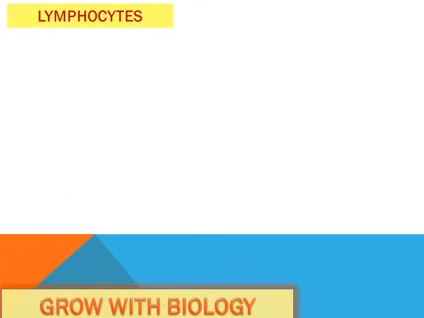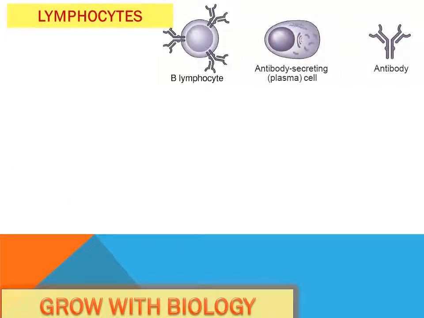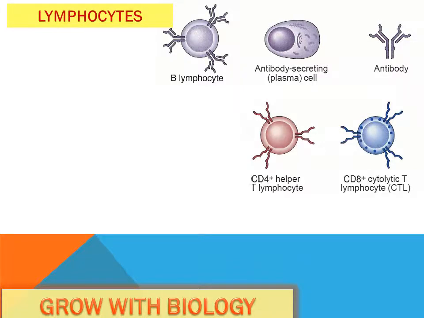Now, lymphocyte. This is the basic type of cell involved in the immune system. Lymphocytes comprise B cells, which are B lymphocytes of two types: antibody secreting, which secretes antibody, and memory cell.